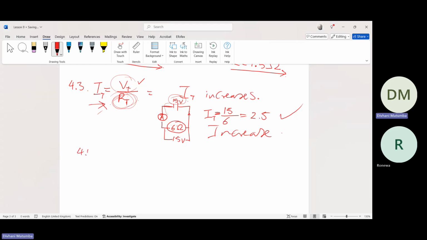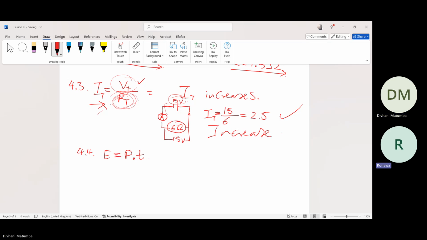Let me write it down. Okay, you are saying... I remember, sir, there was a formula: energy is equal to power times time. Yes.